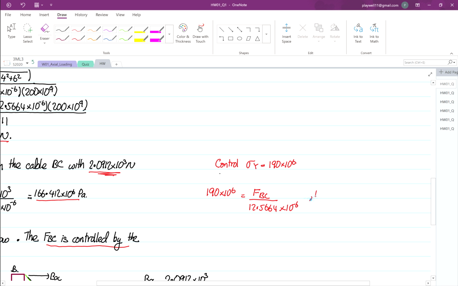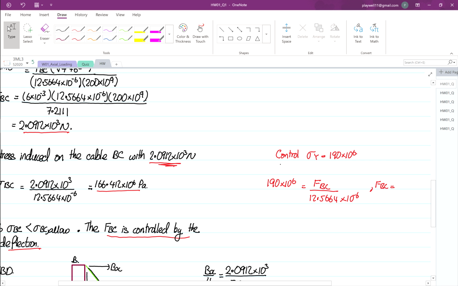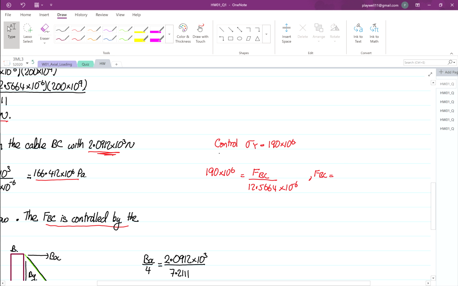So your FBC will be equal to 190 times 10 to the power 6 times 12.5664 times 10 to the power minus 6, which is 2.388 times 10 to the power 3 Newton.